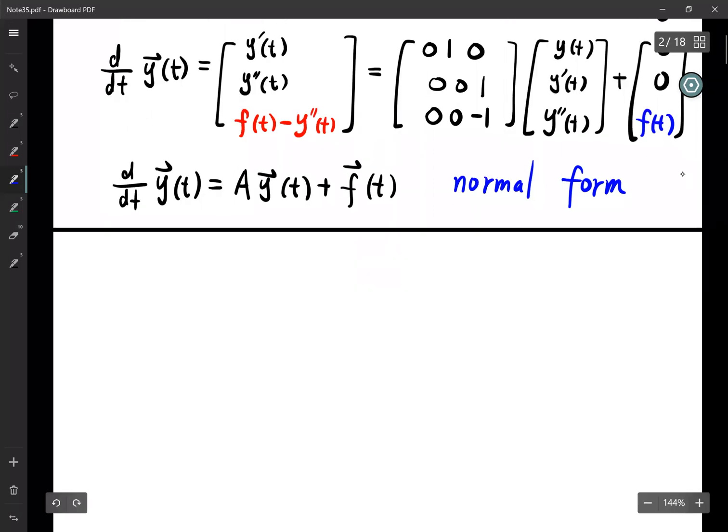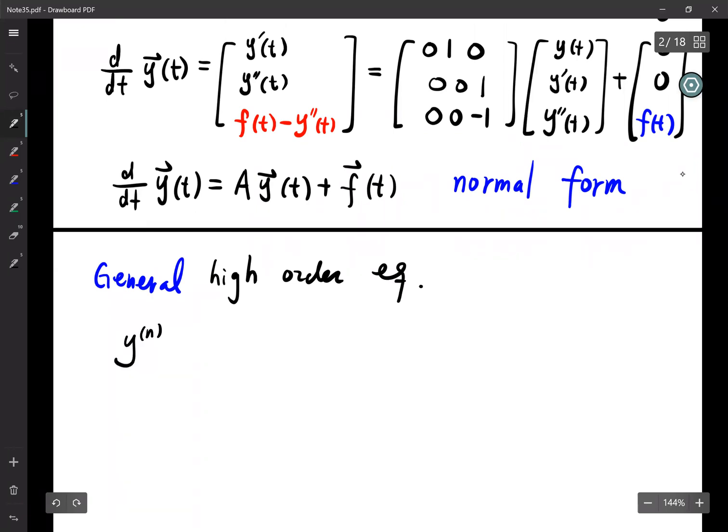Now we talk about general high order equations. So let's see, y to the nth order derivative, plus a1 y^(n-1)(t) and so on. Let's assume the coefficients are constants.